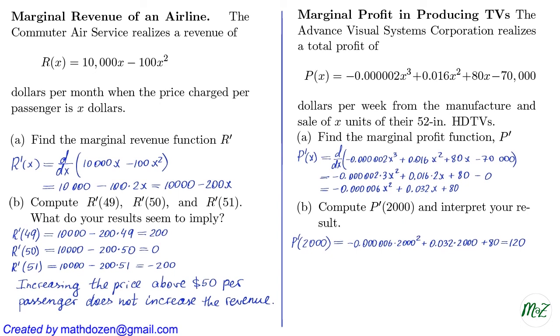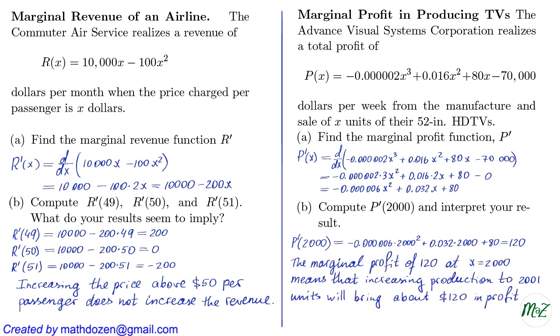It means that increasing the production from 2,000 units to 2,001 units will likely bring in an additional $120 of profit. So that's what marginal profit is telling us. So if we go from production level of 2,000 units to about 2,001 units, we expect to get about $120 in profit.